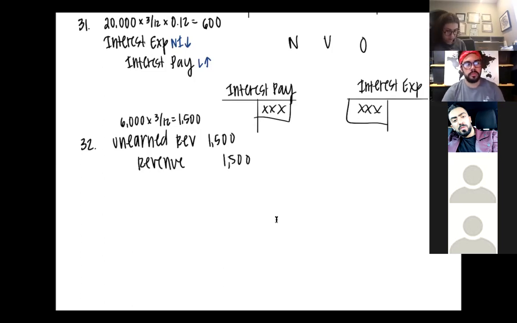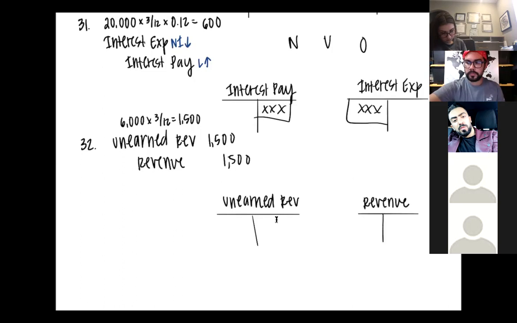Unearned revenue is a liability, so when we debit it, we're going to decrease the liability, and revenue will increase our net income.